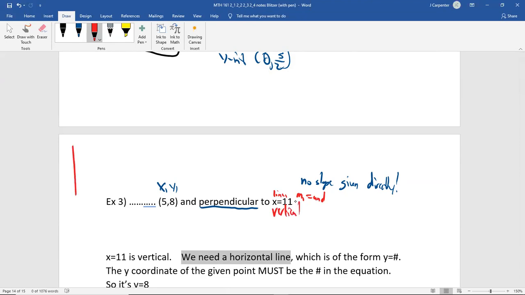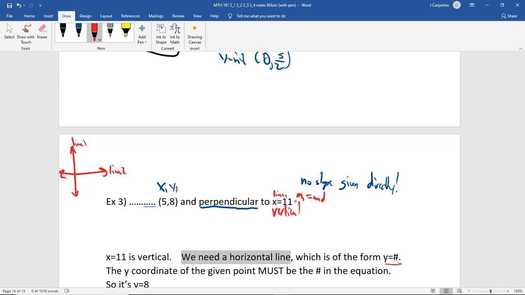The only way to make a perpendicular line to a vertical line is a horizontal. So this would be line 1, this would be line 2. These are not X and Y axes, I'm just saying these are the lines somewhere in space and time. So because X equals 11 is vertical, we need a horizontal line because of its perpendicular aspect.